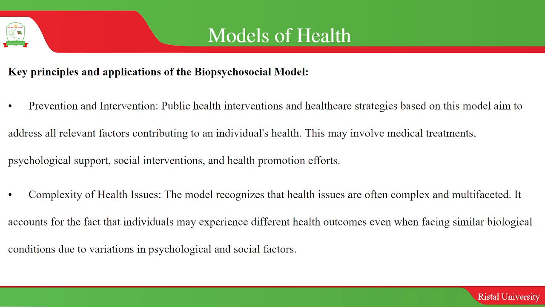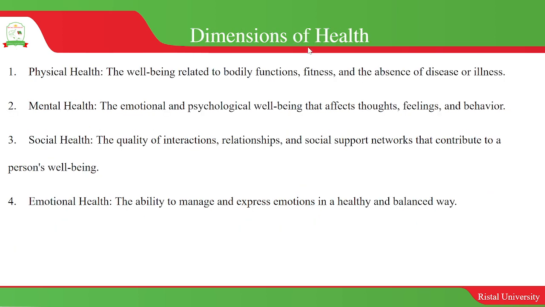So health prevention and health promotion become very important. And this model also underscores the fact that health is not one dimensional. It is a complex issue that is influenced by a number of factors. That's very important to take note of.